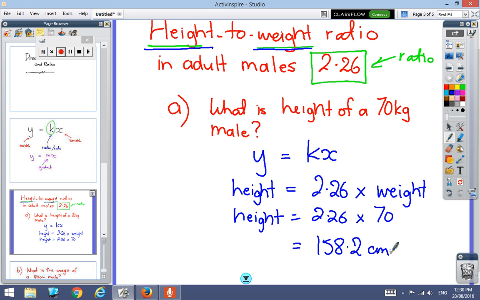Clearly we're generalizing, as not all body shapes are the same, but it's a bit of a predictor, looking at averages across a whole range of the population. So I guess that's the first simpler application of y equals kx.